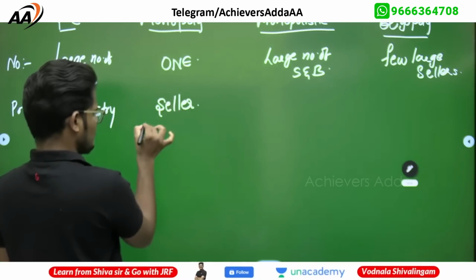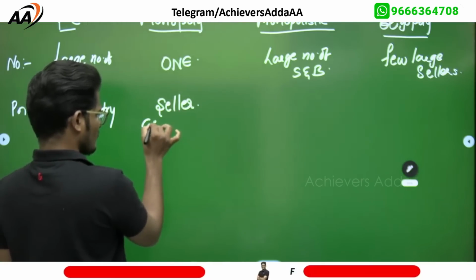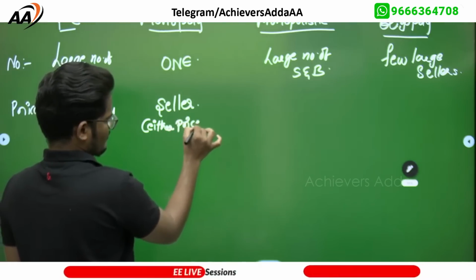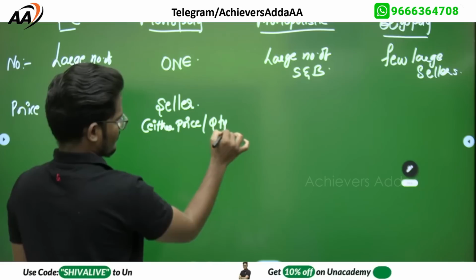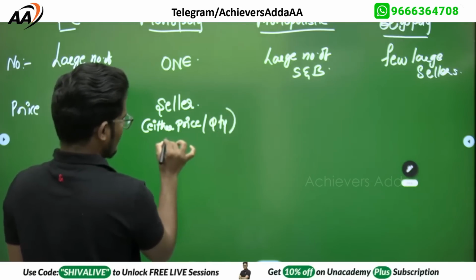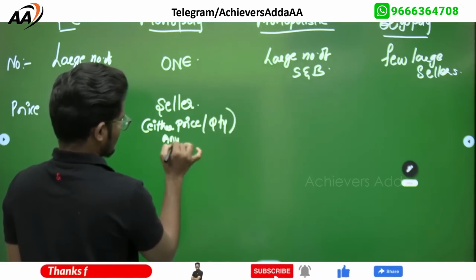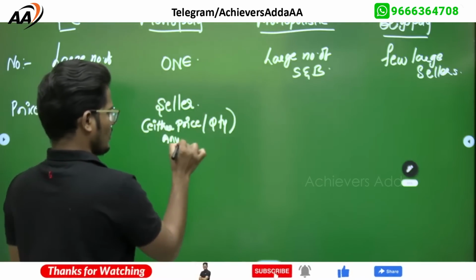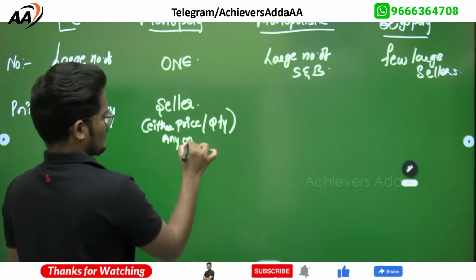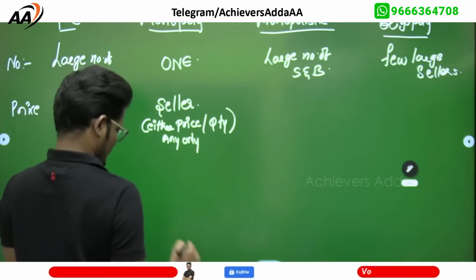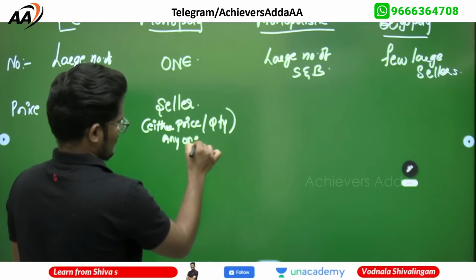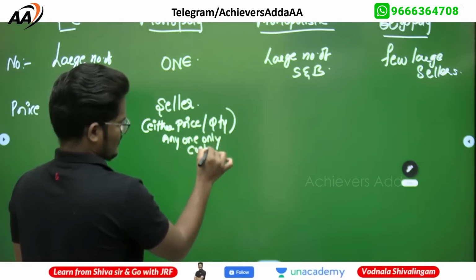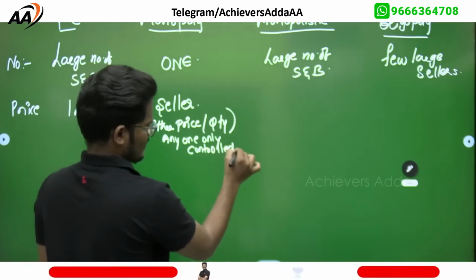But in the monopoly, either price or quantity, any one only is controlled by the monopolist, not both. Monopoly has the feature that only one of price or quantity is controlled, not both at a stretch. Correct?